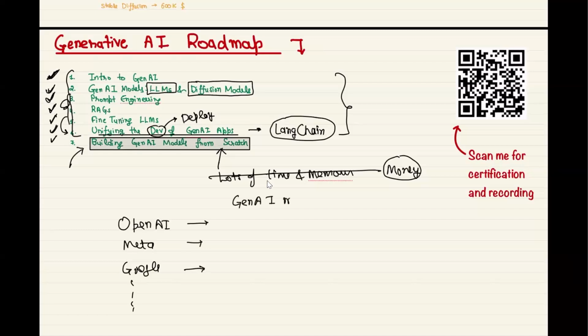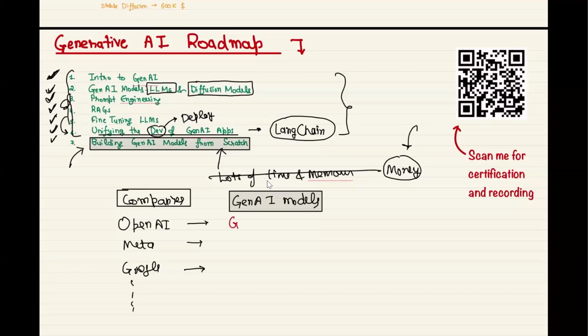They don't have any problems with money. They have lots of money, and they have spent it to build really nice generative AI models for us.